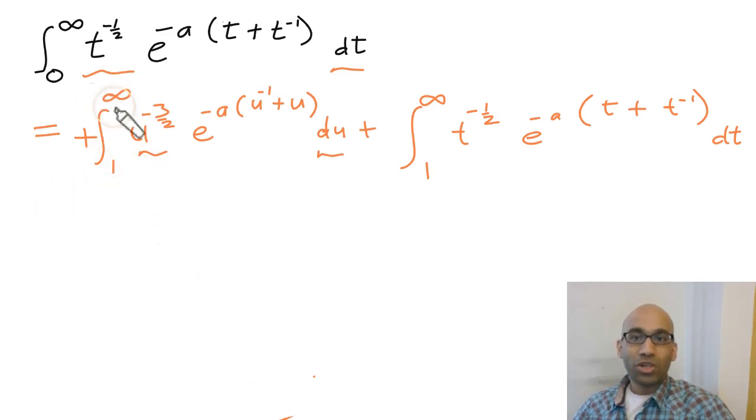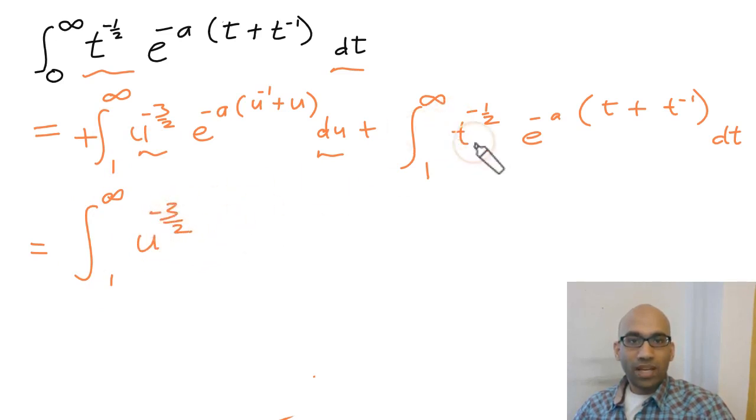Fortunately, we've got 1 to infinity and 1 to infinity, and so we can combine these two terms together. Let's write both of these internal variables as some other variable. So let's write this whole expression as the integral from 1 to infinity of u to the power minus 3 by 2. It doesn't really matter whether you've got a t or a u; these are just variables that need to be integrated.